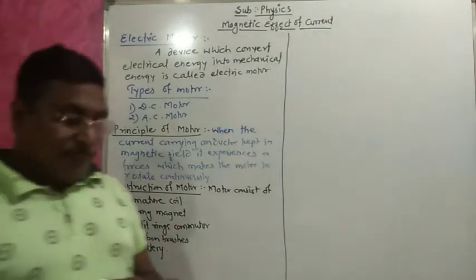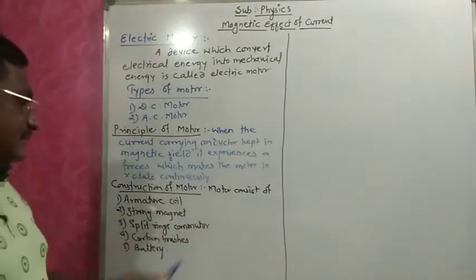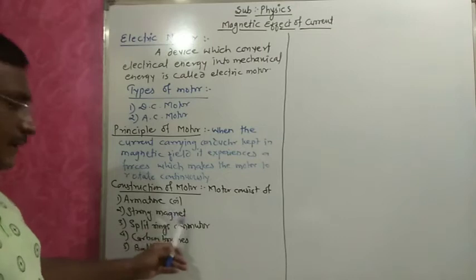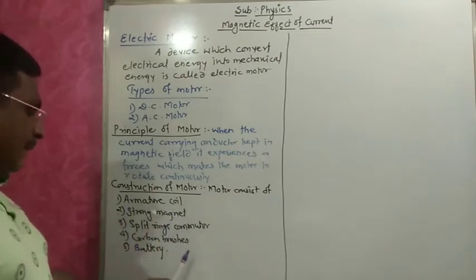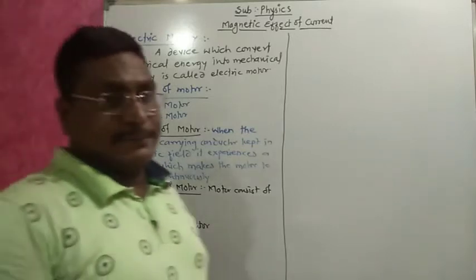In the construction of motor, the motor consists of armature coil, strong magnet, split ring commutator, carbon brushes and battery.